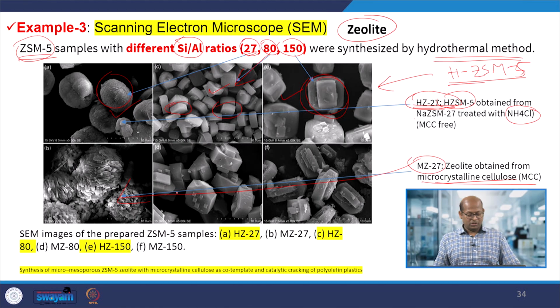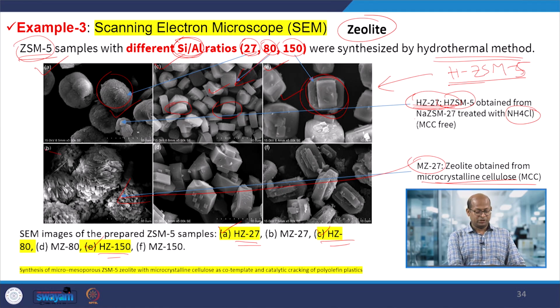So A, C and E, these three images, are of HZ27, HZ80 and HZ150. Different ratios were used to prepare these materials, and they give three different types of materials.